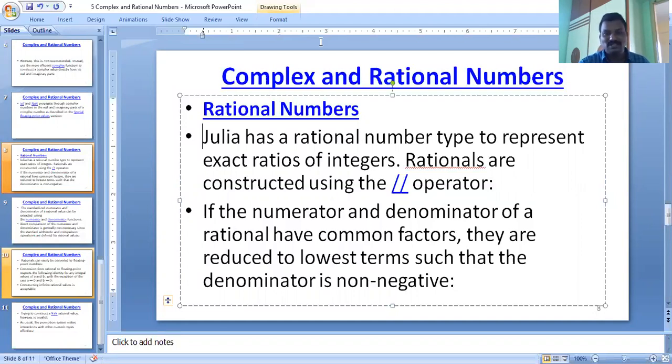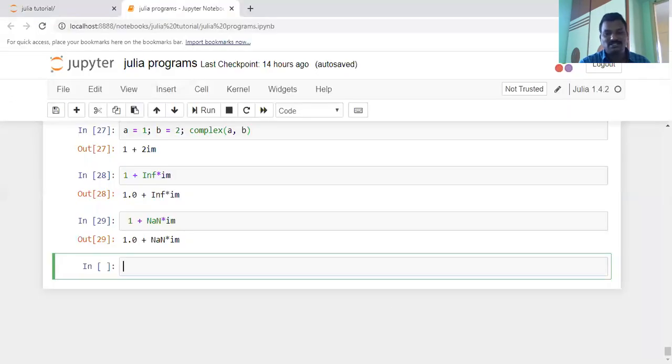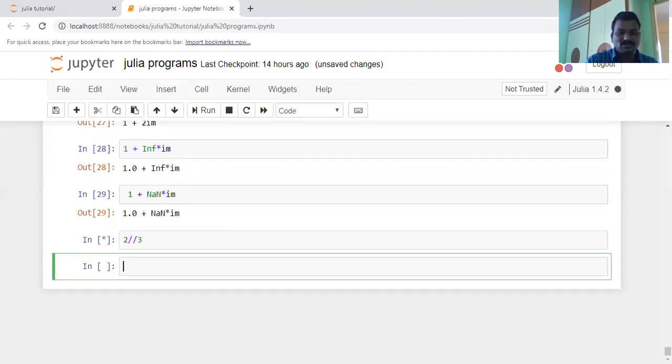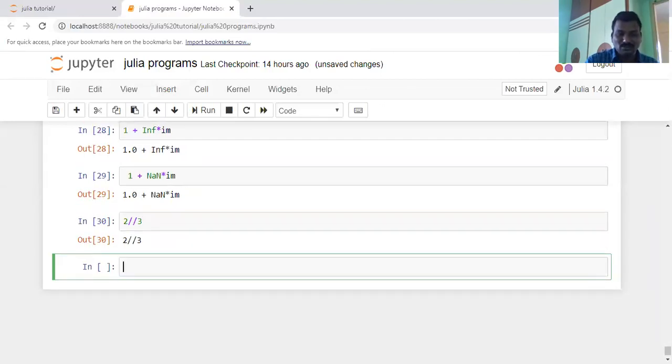How can you apply some of the Julia operations on rational numbers? For example, the rational number is of the form 2 slash slash 3, and that was output here. That's a representation p by q.